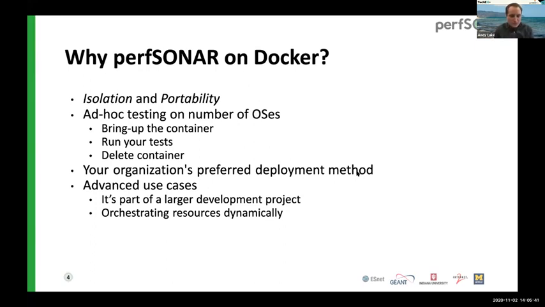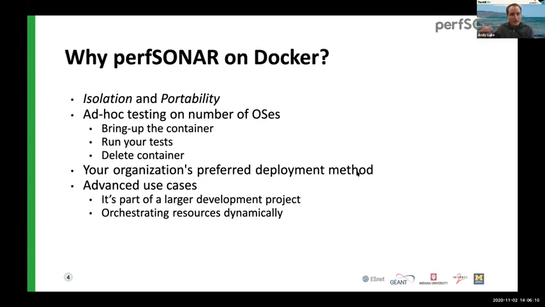If you've got some advanced experiment or orchestrating resources dynamically, that's great. And at my lunch breakout, Brian Tierney mentioned one that he's been playing around with, which is that right now, the OSs we support don't actually have patches for BBR2. So he needs to use Ubuntu 20, which we don't support yet. That is coming, but what he can do right now is just run Ubuntu 20 and run the Docker container on that.